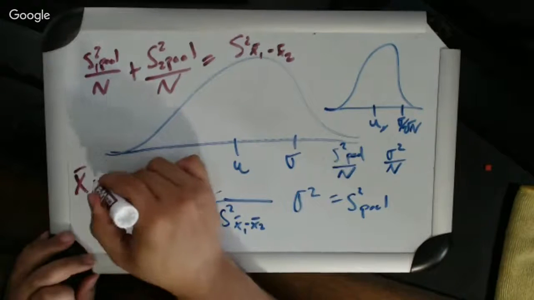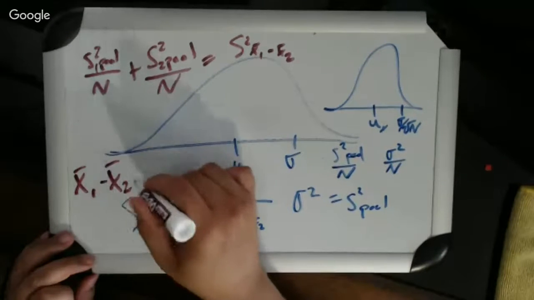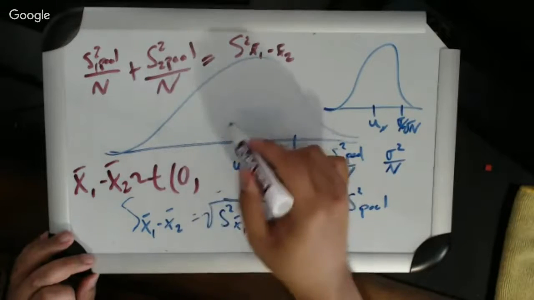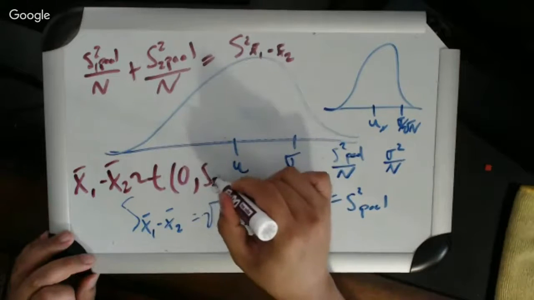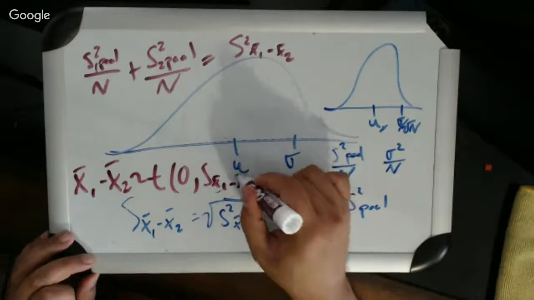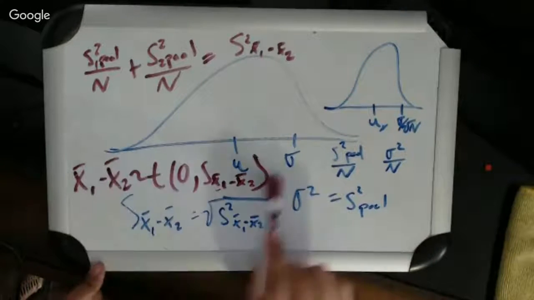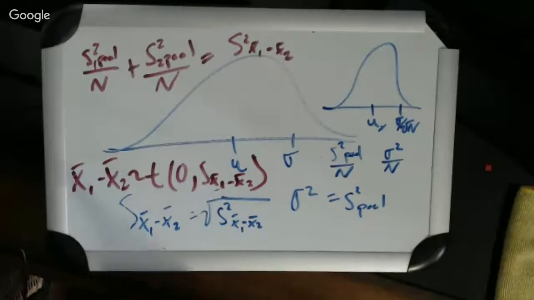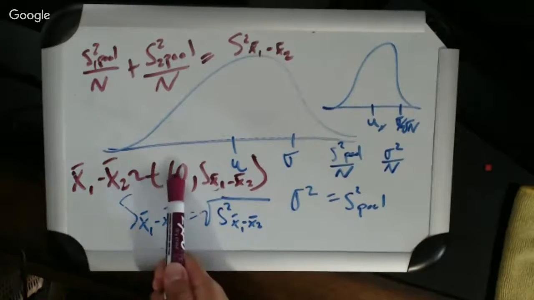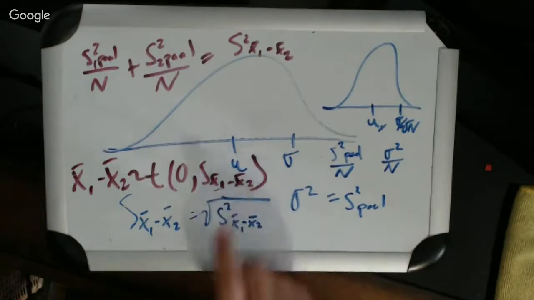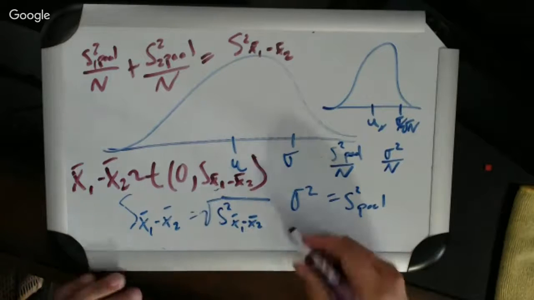I think I have a slide on this. X bar 1 minus x bar 2 follows a t distribution with a center at 0, and that is our spread. We did all these steps to get to this point, where we've set up the problem the way we're always used to working: we have an expectation of the center and a spread value. That's why this is on the bottom when you calculate a t.